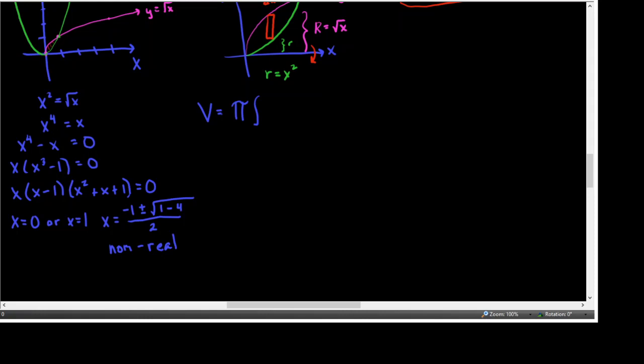So the region, of course, we now found, and we've shown how we got that. It will go from 0 to 1. We'll take big R, which is the square root of x, squared, minus little r, which is x squared, squared, dx.